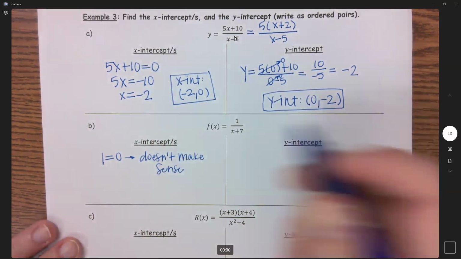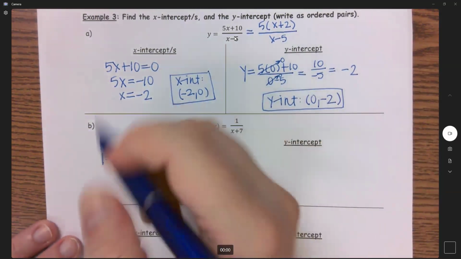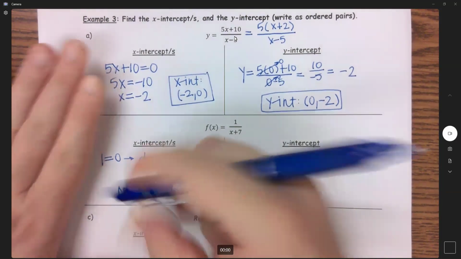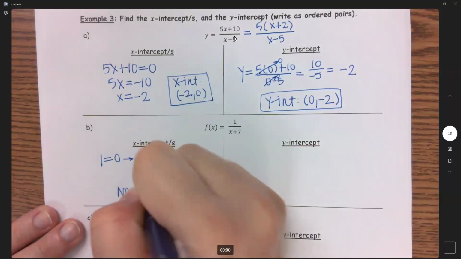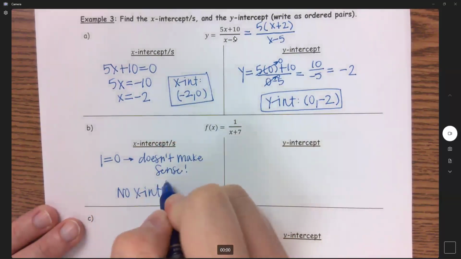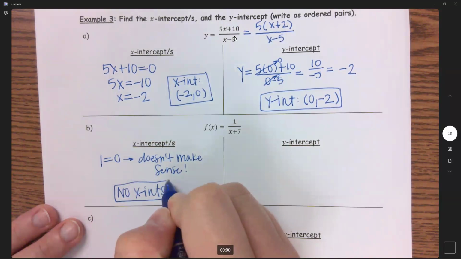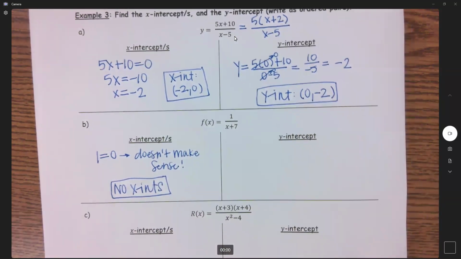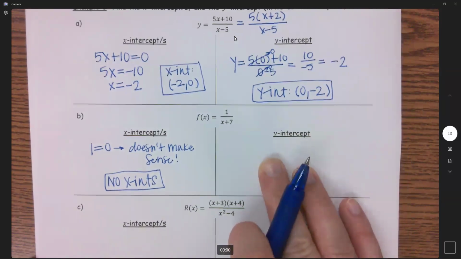And so what that tells me is that I have no x-intercepts. But I will have a y-intercept.